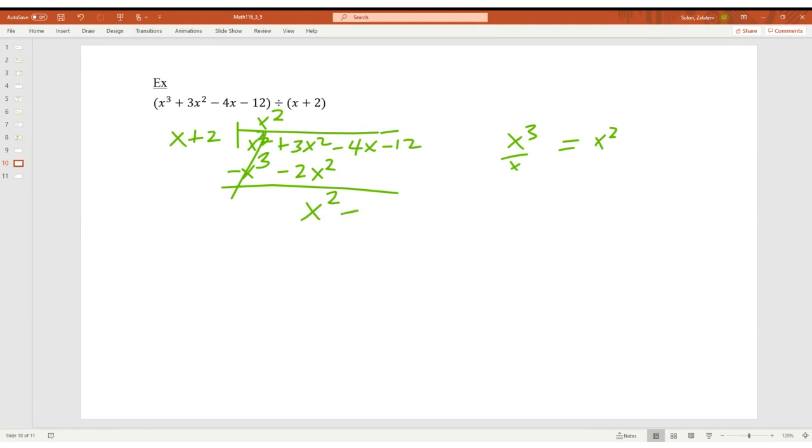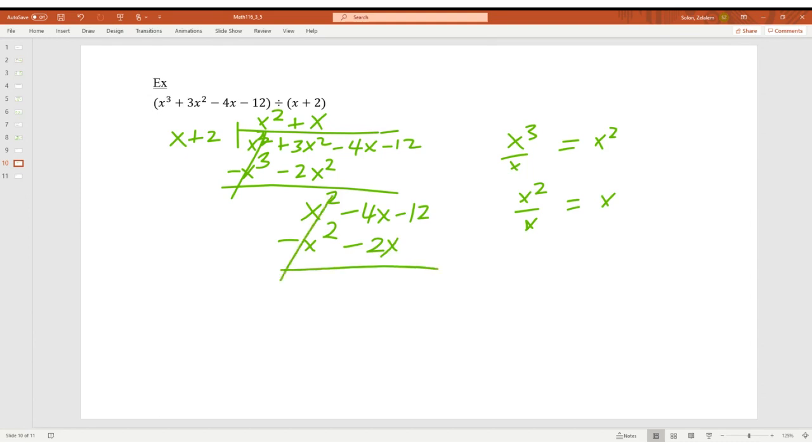Because 3 minus 2 is 1. Minus 4x minus 12. So x squared, again, divided by x is x. So I have x here. X times x is x squared. Don't forget to switch the sign to minus. X times 2 is 2x. I'll change it into minus 2x so that this cancels out.